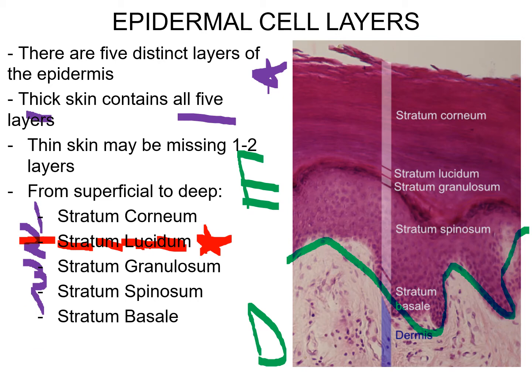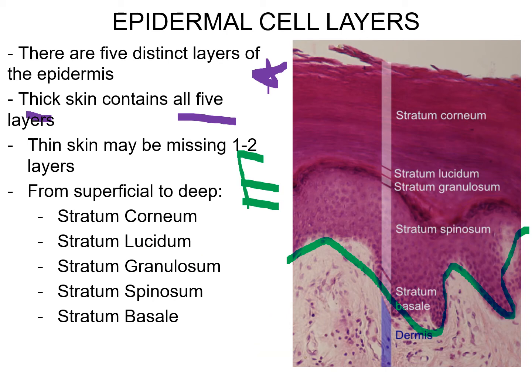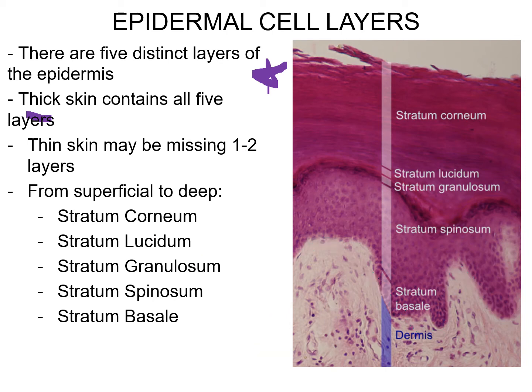So, do you have to know the order of the epidermal layers? You do, yes. But it's real easy to remember. Just make a mnemonic and you can figure out a way to put these in order. Just like we did with PMAT, with mitosis a couple chapters ago, right? Prophase, metaphase, anaphase, telophase.